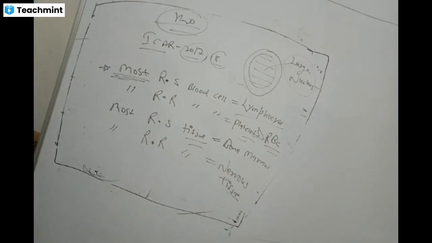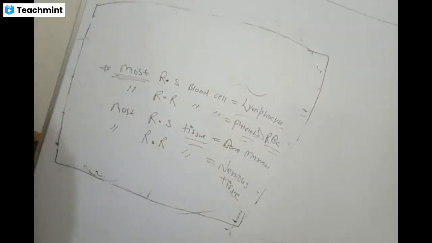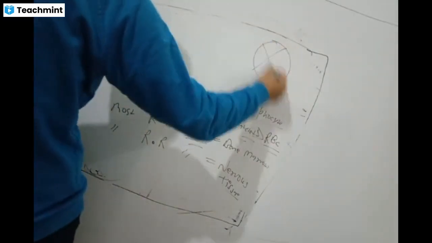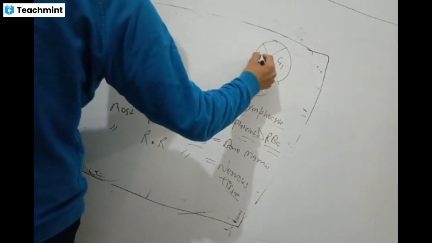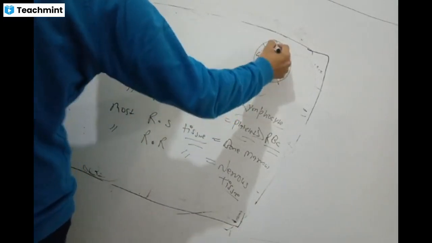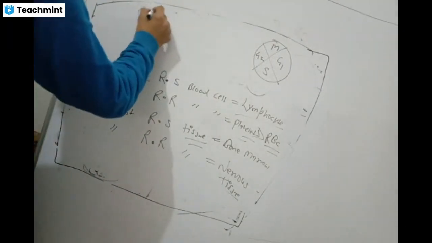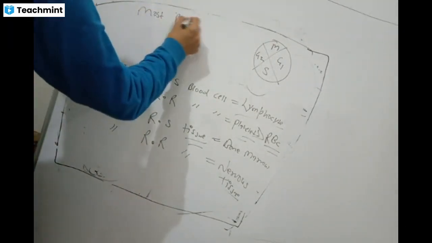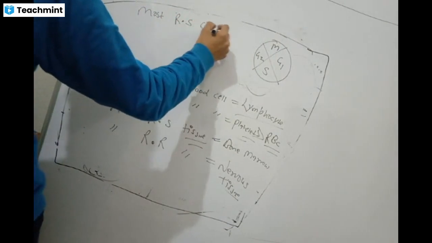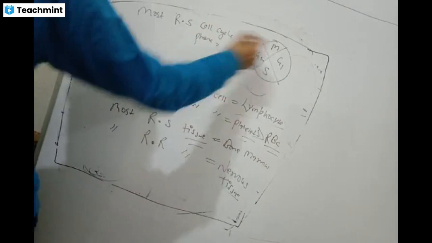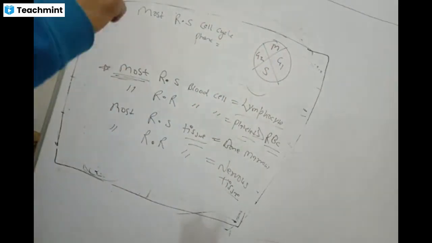And if they ask an MCQ from the cell cycle, this is the cell cycle: G1, G2, here S, and there is M. The question will be the most radiosensitive cell cycle phase out of this.